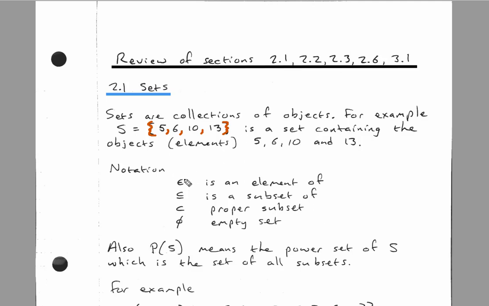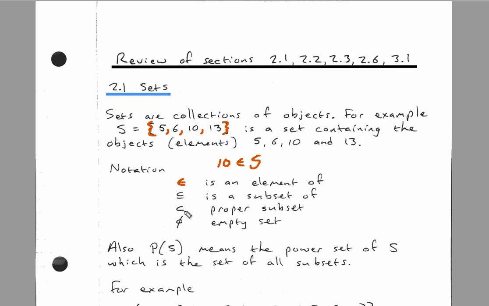More notation. This symbol means is an element of. So for example, 10 is an element of this set S. This notation is a subset of, so it allows equality.